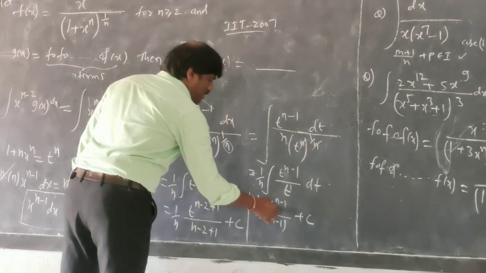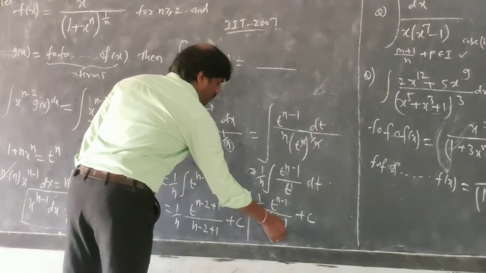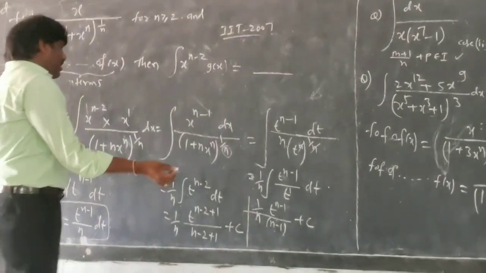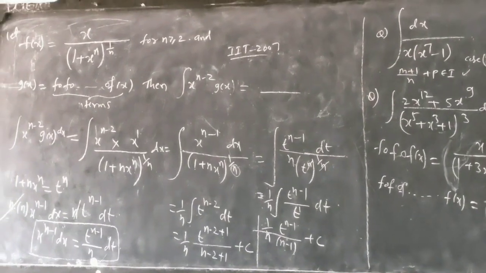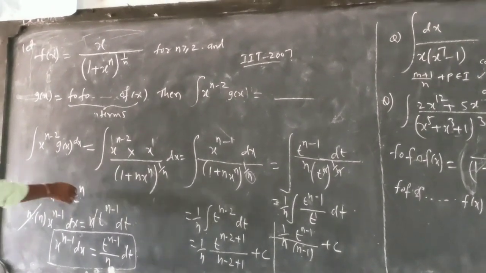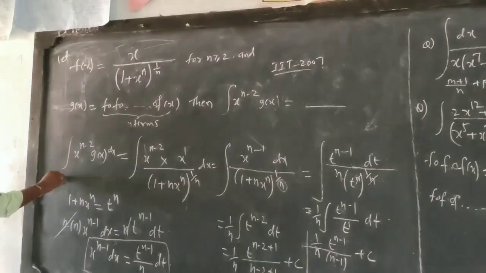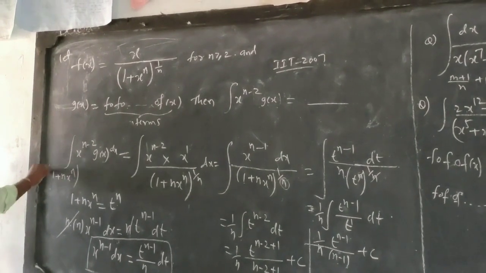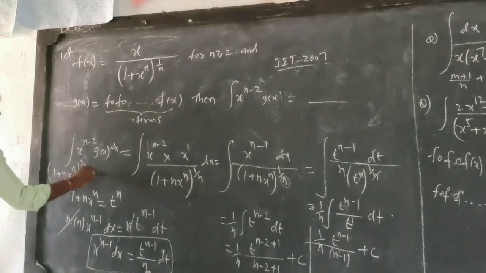So what I got here, t^(n-1) by n into (n-1) plus c is the answer. What is t here? From this side t will be got: (1 plus x^n) to the power of 1 by n is equal to t.